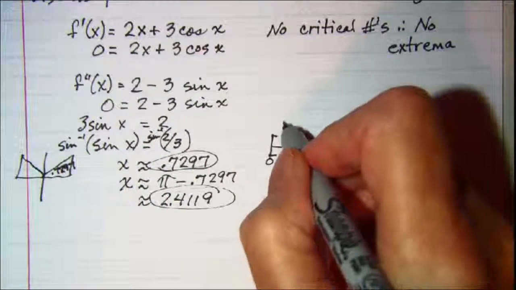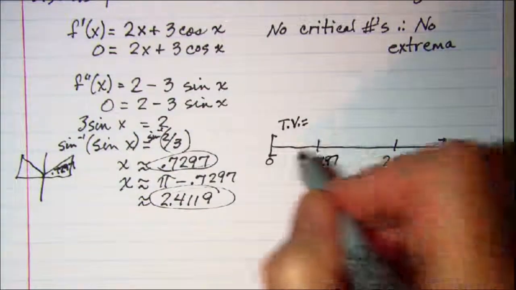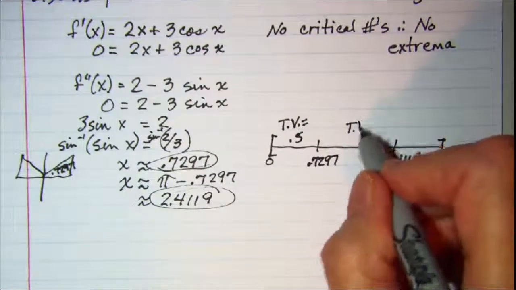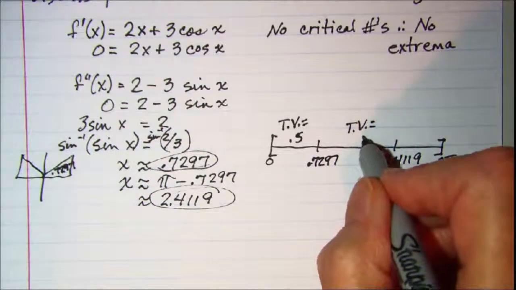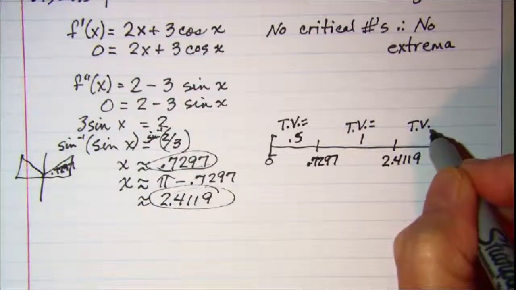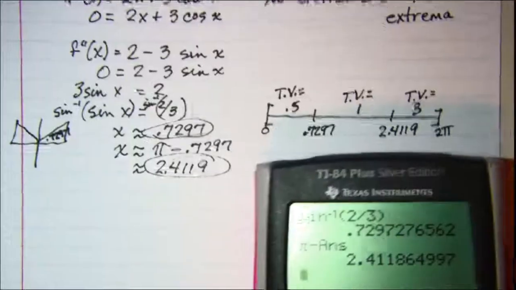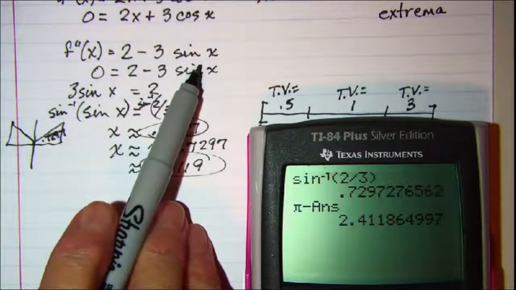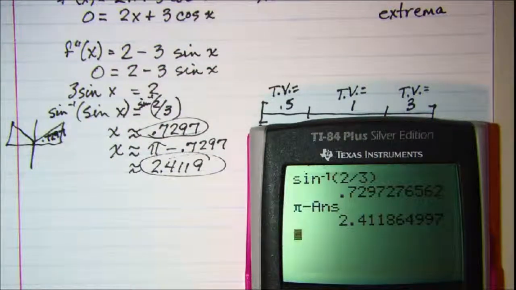We use a test value in this interval of 0.5, and a test value in this interval of 1, and a test value in this interval of 3. So I need to enter my second derivative and get my signs in each of those intervals.